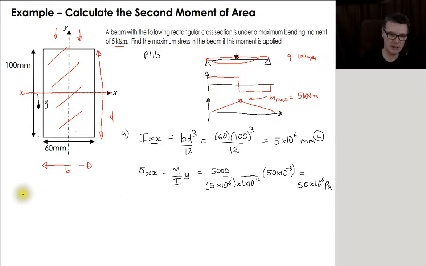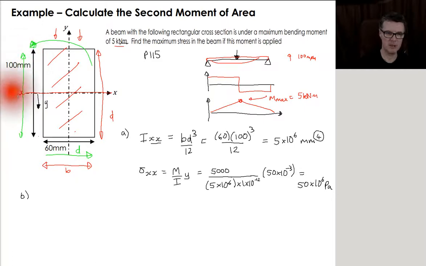Part B is now imagining that we're going to take this block and rotate it so that this is now standing upwards, and this will now become my depth, and this will now become my breadth.